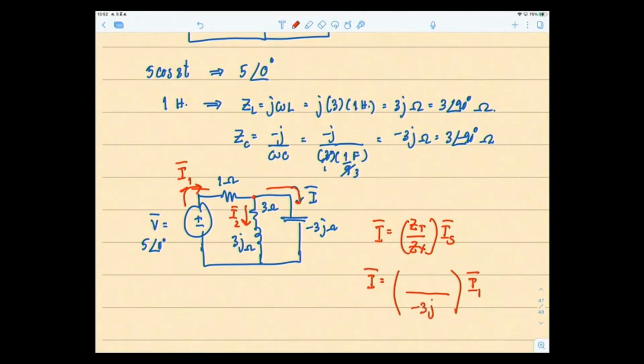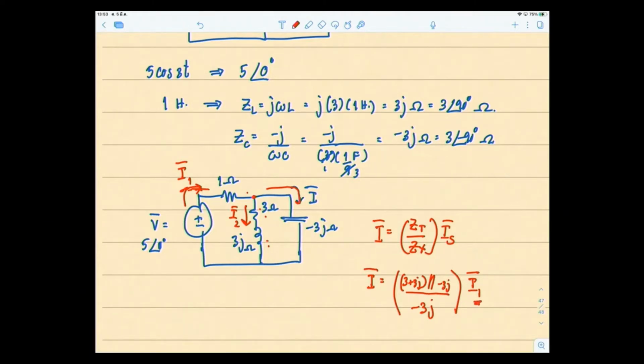And Z total is the total impedance that I1 gives to: it goes through here and divides into the 3 ohms and 3J ohms in one branch, and minus 3J ohms in the other. The 3 ohms and 3J ohms are in series, so it's 3 plus 3J, and it's parallel to minus 3J.